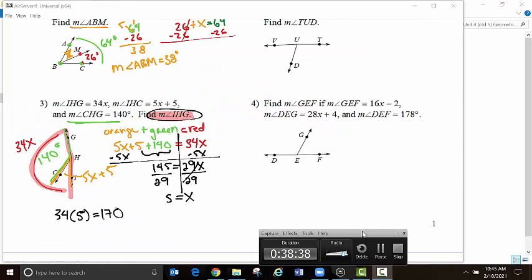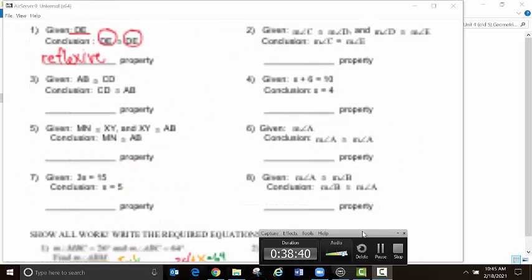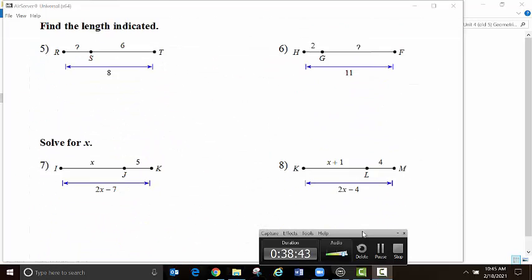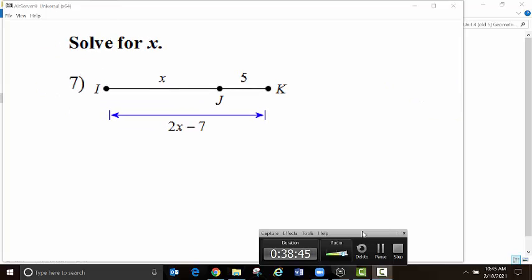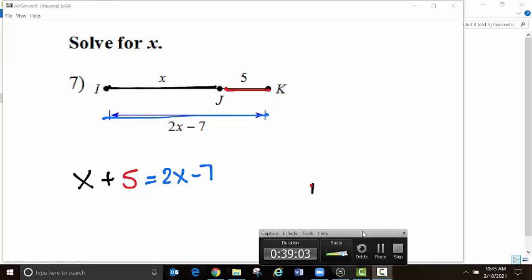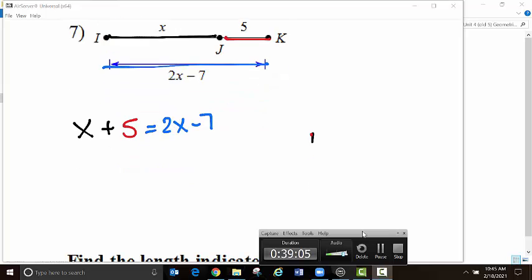Okay. All right, I'm going to do one on this other page. Same thing, but with angles. Let's look at 7. Wouldn't you say that this much x plus 5 equals 2x minus 7? Wouldn't you guys agree that's what the picture says? Now solve. Step 1, draw a line through the middle.